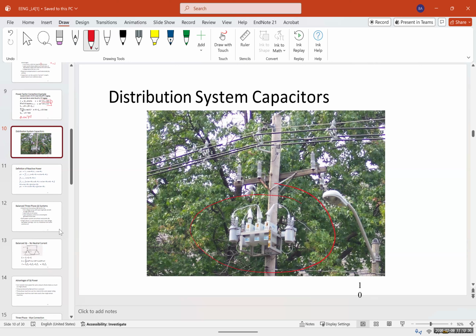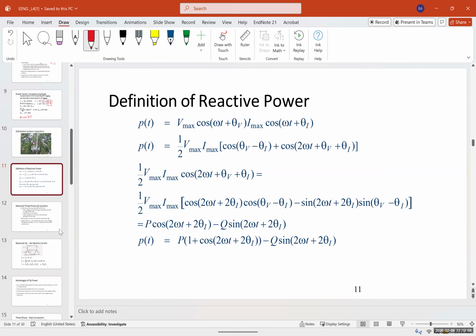And they have to be serviced more often, usually, than transformers. Some of them have cooling, like oil cooling and so on, so they need to be serviced. But usually they will look like this. And depending on how much reactive power we have, we would put capacitors to compensate for that.